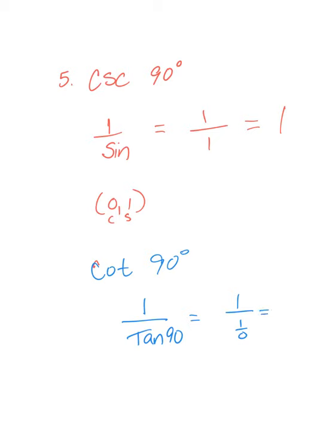What is the reciprocal of 1 over 0? 0 over 1, which is 0. Listen to me carefully. The reciprocal of undefined is 0. The reciprocal of 0 is undefined, because when you flip a 0, it gets down in the basement, and then that can't be, so it's undefined.